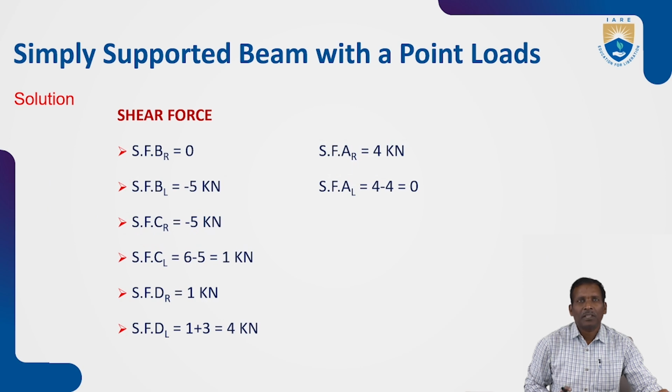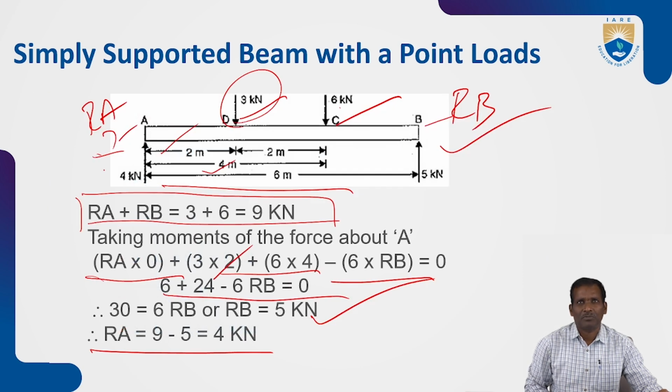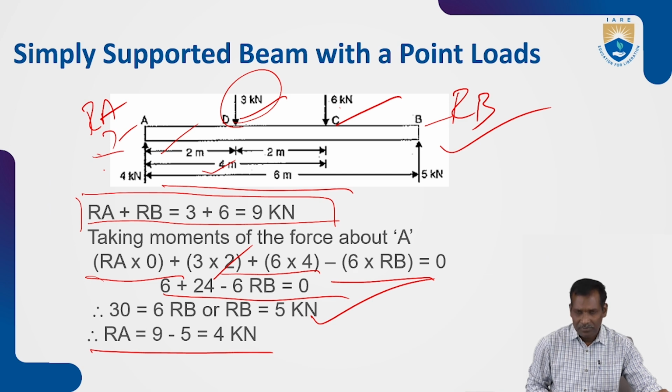Now calculate the shear force at each and every point. RB we got 5 kilonewtons and RA 4 kilonewtons.